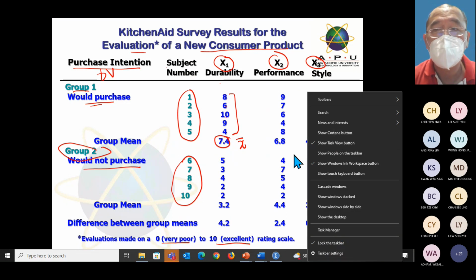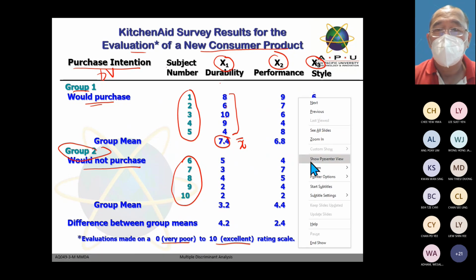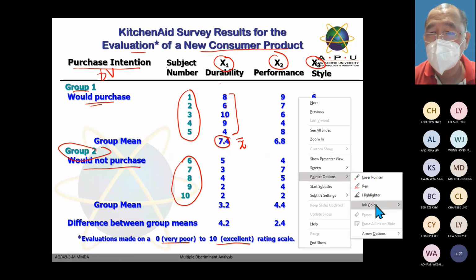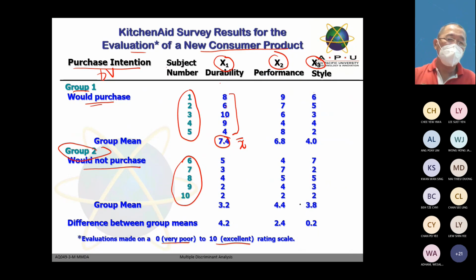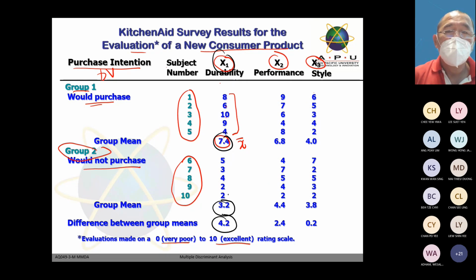The discriminatory power is the highest for X1 because the difference is quite a lot: 7.4 minus 3.2, you get 4.2. And 6.8 minus 4.4, you get 2.4.